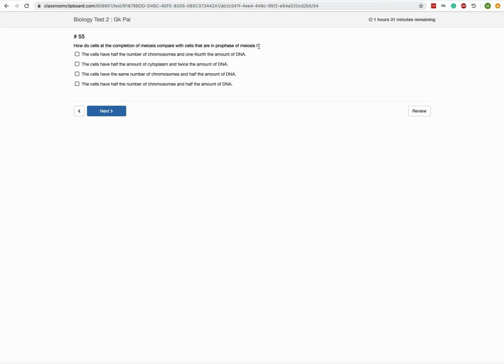In prophase 1 of meiosis, you have all of the DNA that's going to be in those 4 cells. So those 4 cells are going to have 1/4 the amount of DNA each. And since the ploidy goes from 2N to 1N, they're going to have half the number of chromosomes. So they have half the number of chromosomes and 1/4 the amount of DNA.